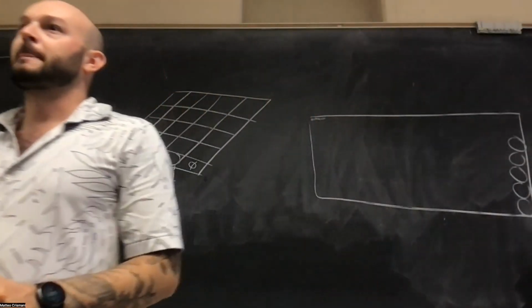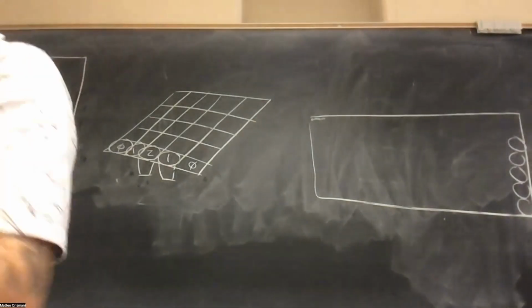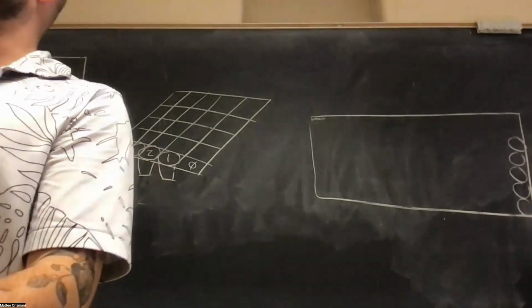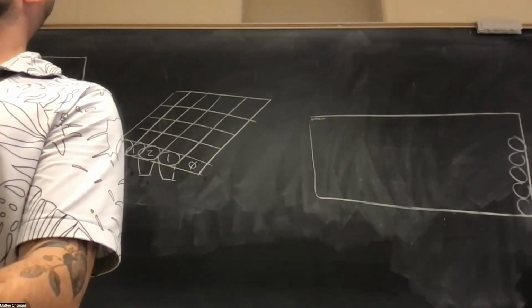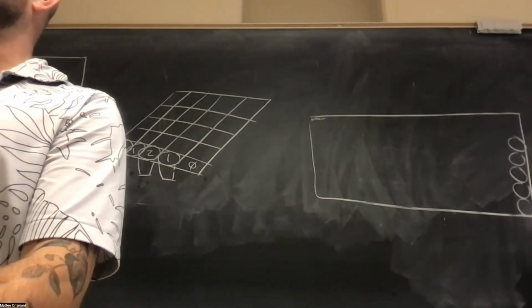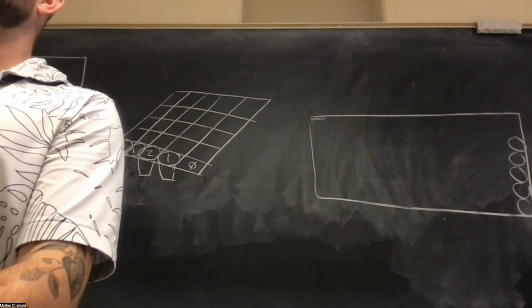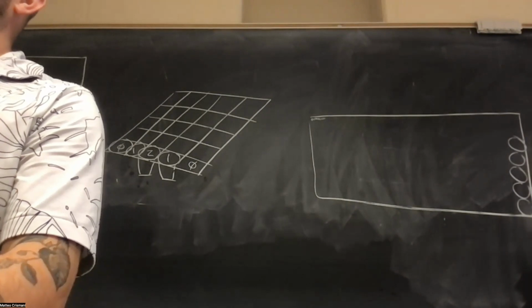If you did it once, how many people in front of us? 4. And then you do it again, 2. And then you do it again, 10. And then 3. And then 7. That's a lot of people in front of you. You should pick a different line.